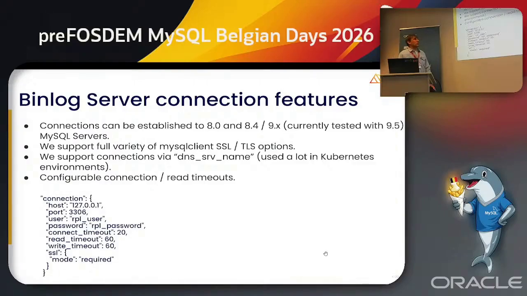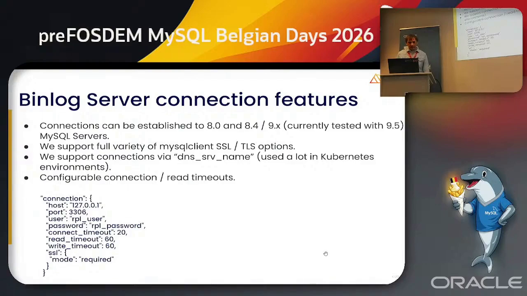We support 8.0 and 8.4 and 9.x protocols. I made them separate because there was little change. One new event was introduced in 8.3, I believe. It was called tagged GTIDs, and it affected logic a little bit. We support the full variety of SSL options, as you probably all expect.